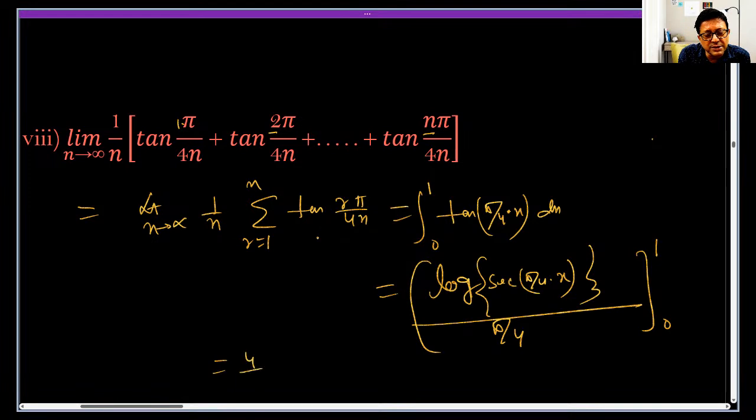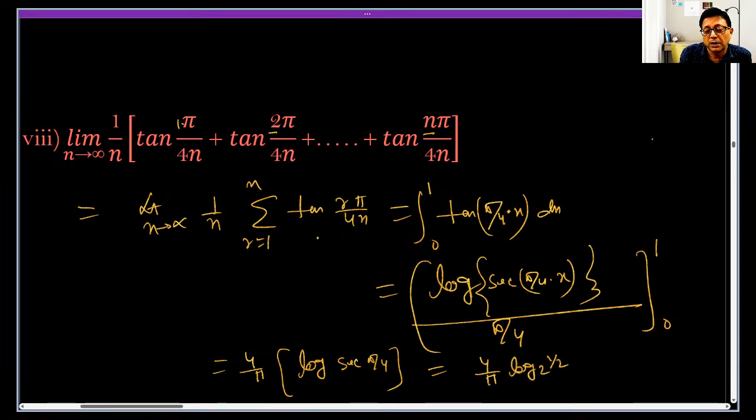The answer is 4 by pi log of sec pi by 4. Sec pi by 4 is what? Root 2. Log of root 2. So 2 by pi log 2. Clear? Understood?